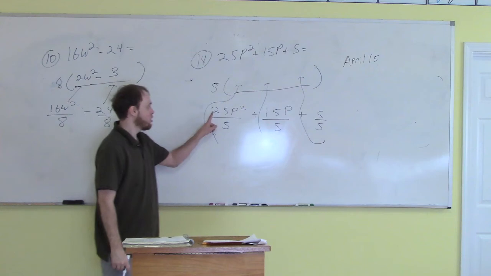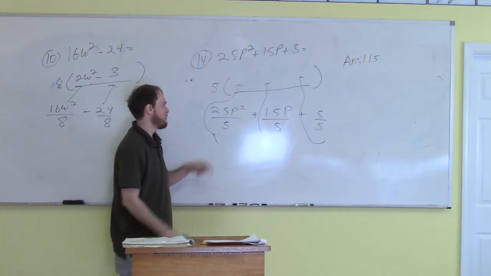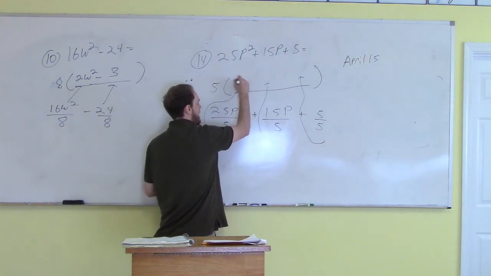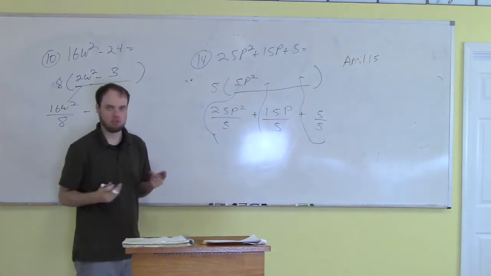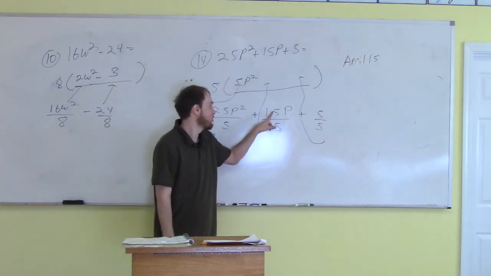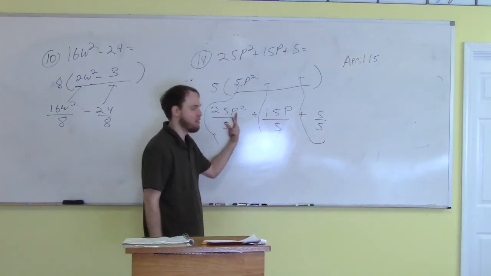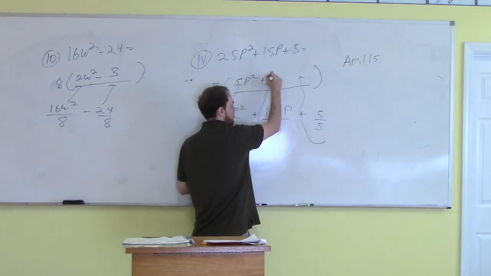And so here, 25p squared divided by 5. 25 divided by 5 is going to be a 5p squared. The p has nothing, so it just stays. But 25 divided by 5 is 5. So then I'm going to do plus 15p divided by 5. And so 15 divided by 5 is 3. So that goes plus 3.